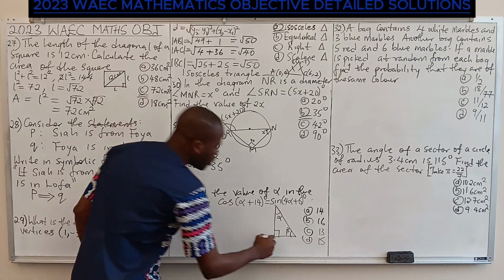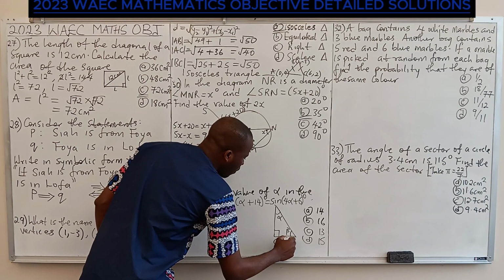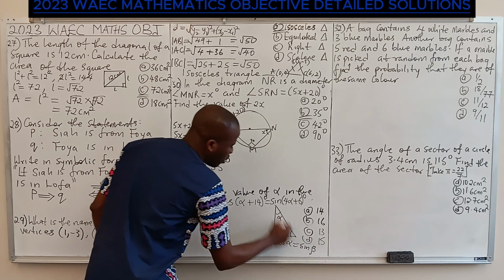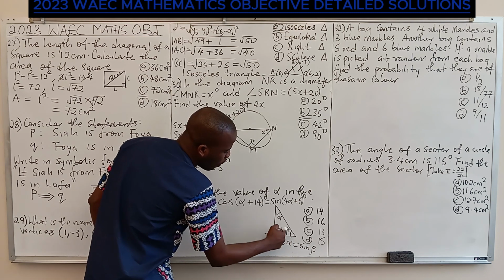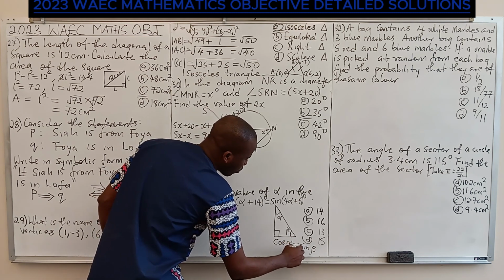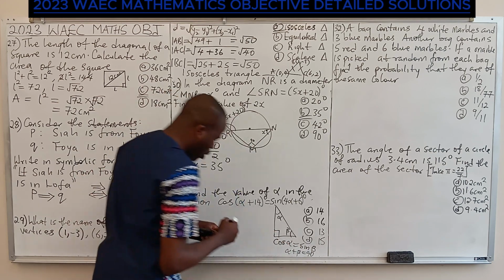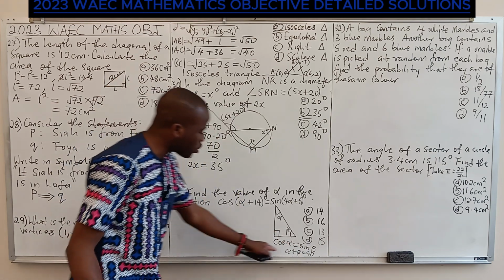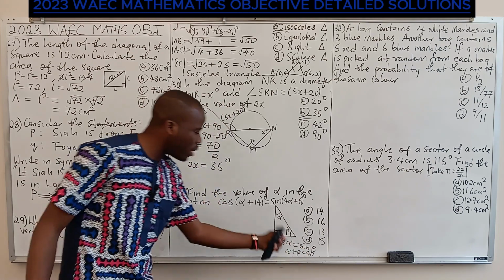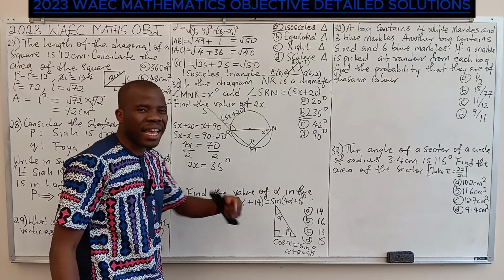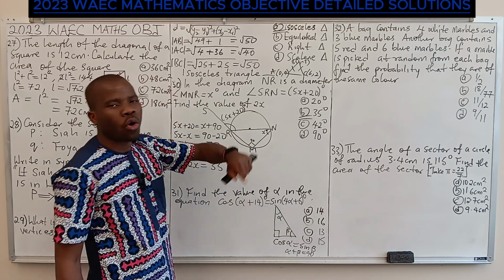It means cos alpha is equal to sine beta, whereby alpha plus beta is 90 degrees. Likewise, sine alpha is equal to cos beta. That is why we know that sine 60 is equal to cos 30.